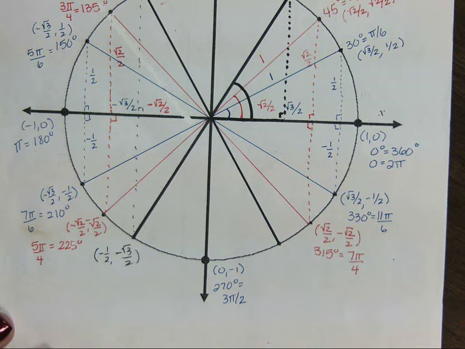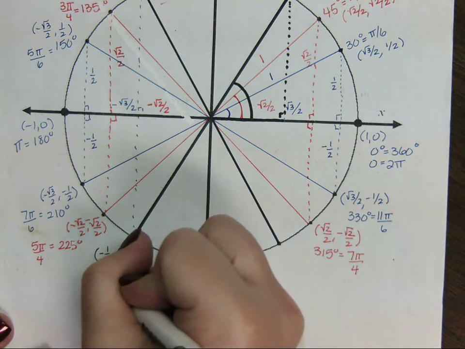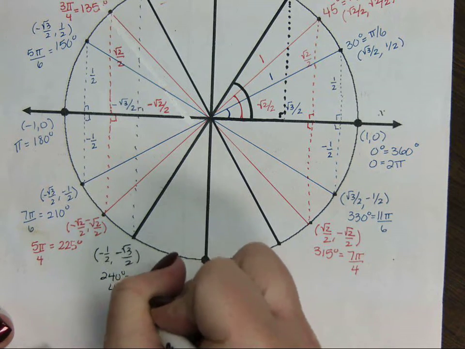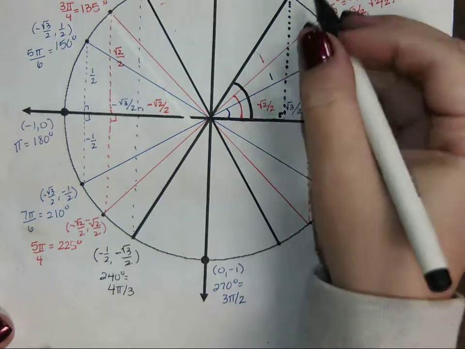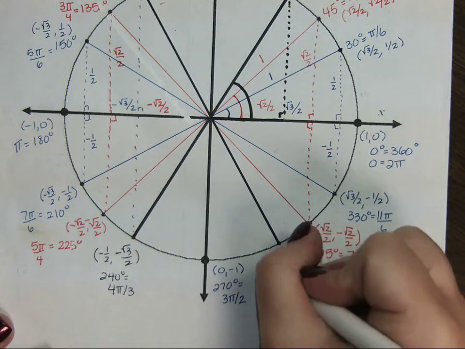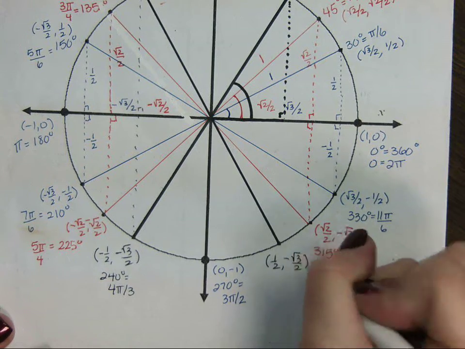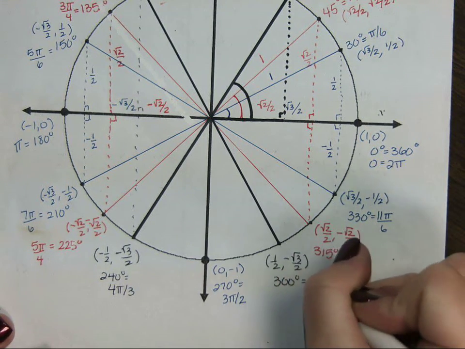Now again, because that's the 60-degree increment, then I'm going to have to add 60 to this, so this should be 240 degrees, or 4 of the pi over 3 increments. And then lastly, the coordinate is going to get flipped upside down. X value stays positive, y value stays negative, and this is the same as 300 degrees, or 5 of the pi over 3 increments.